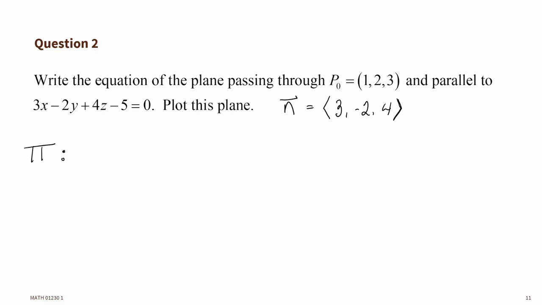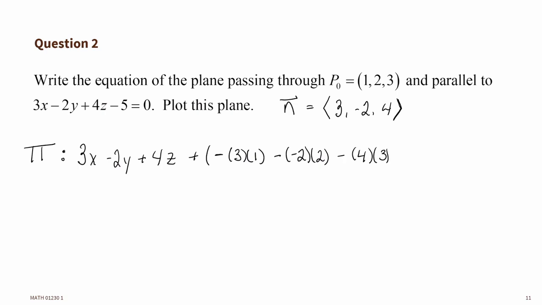Which makes our plane 3x minus 2y plus 4z plus negative a times x naught minus b times y naught minus c times z naught, and then equals 0.